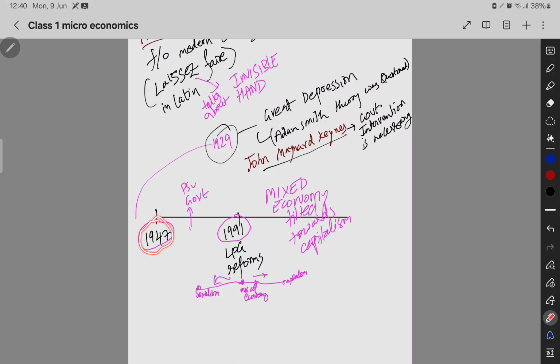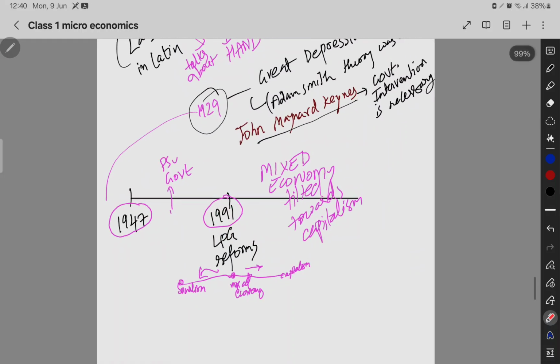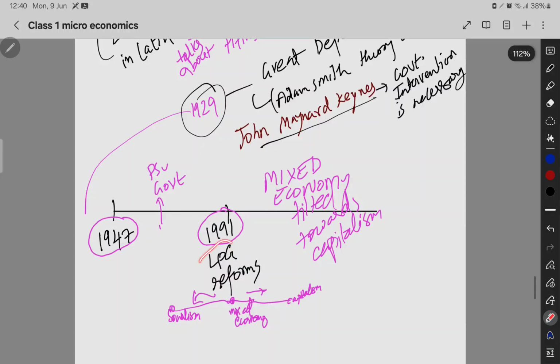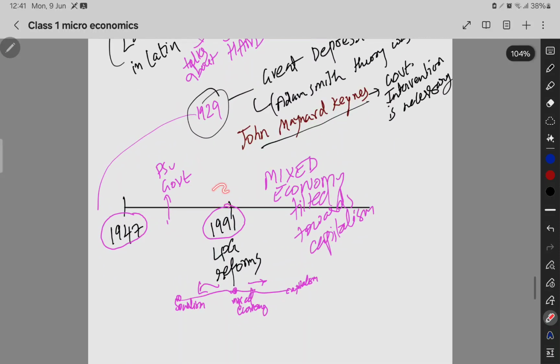See, in 1947 we got independence, and in 1991 we brought LPG reforms: liberalization, privatization, and globalization. Why? Because we thought of expanding. Initially it is more public sector oriented. So between 1947 and 1991 there are mostly PSUs and the government sector.